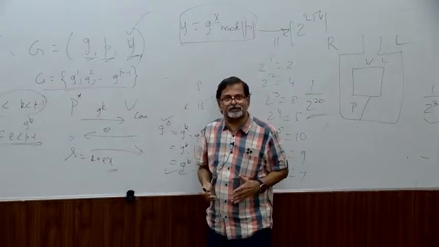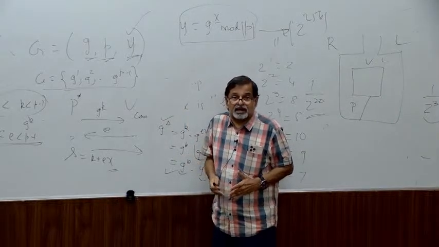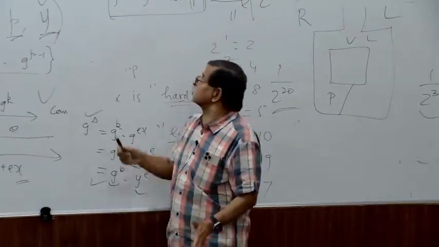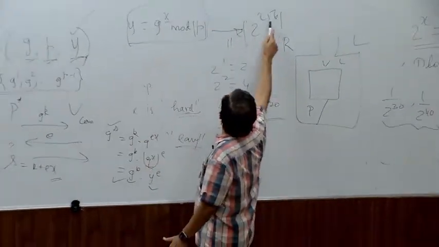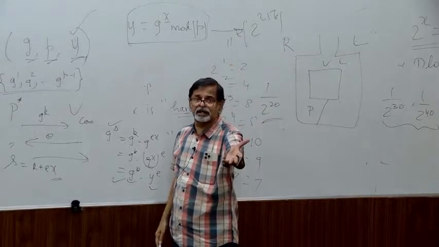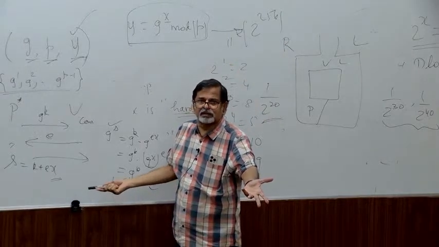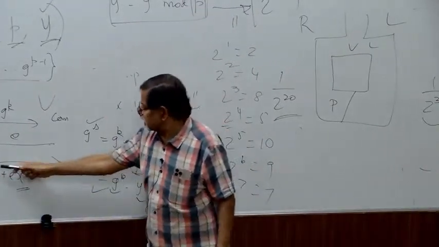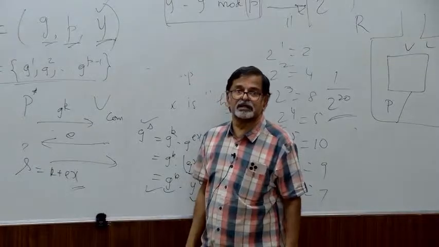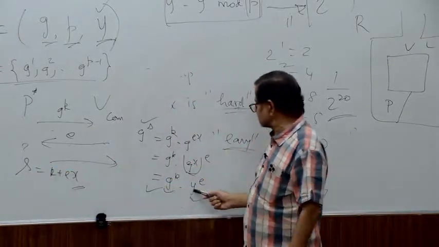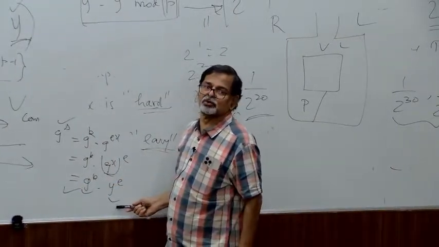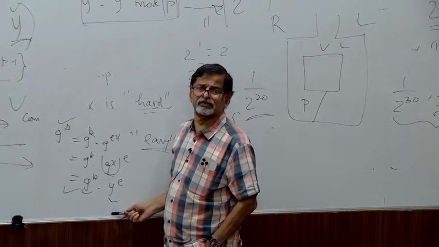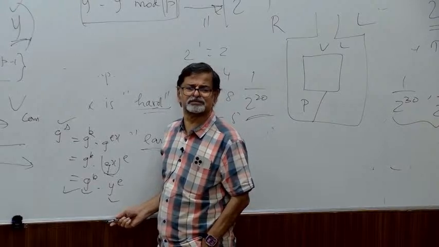He can try a random s, assuming that s is going to be k plus e, but it won't be, because the probability is 1 by 2 power 256. You don't know x and you want k plus ex to be generated. k is fixed, e is fixed. Without knowing it, how will you get an s that would pass this test? So the impersonator will fail with overwhelming probability.